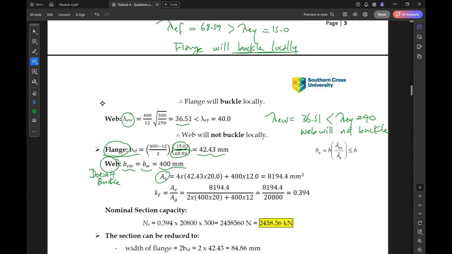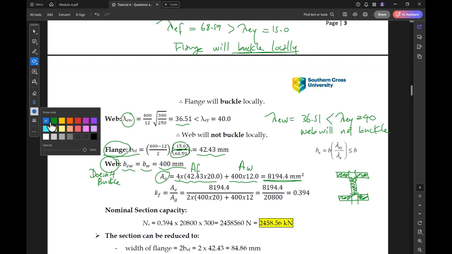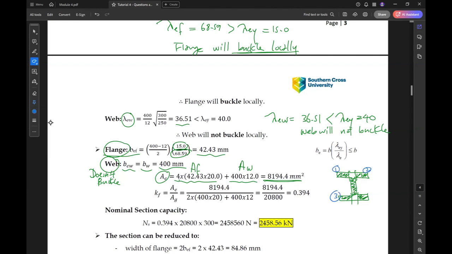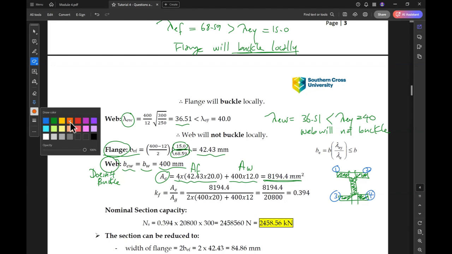So area effective will be area of flanges plus area of web. Area of flanges equal to this value. If we look at the cross section, we have one, two, three, four parts of the flange plus the web.